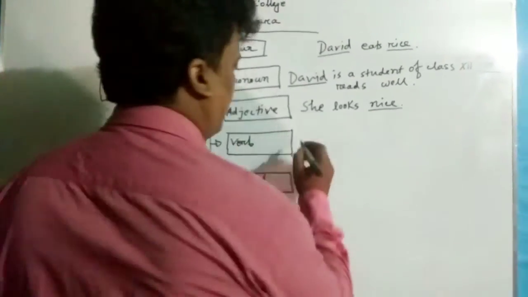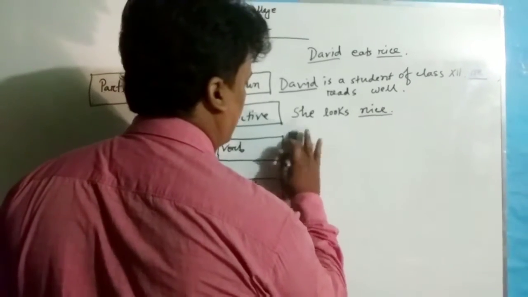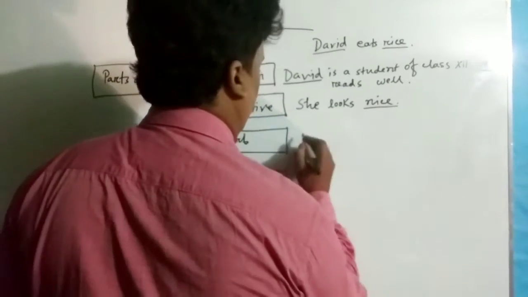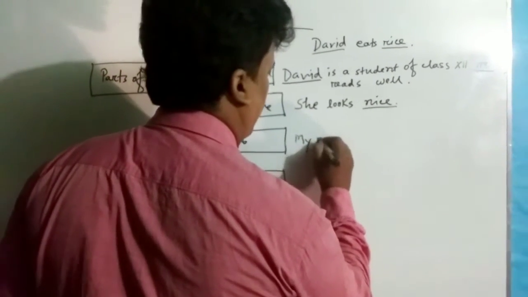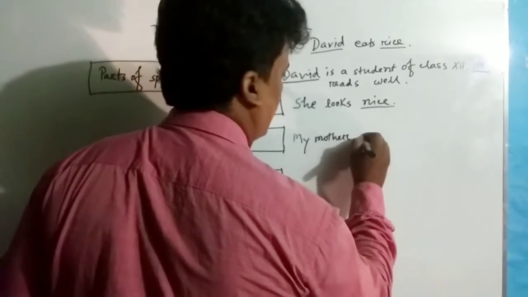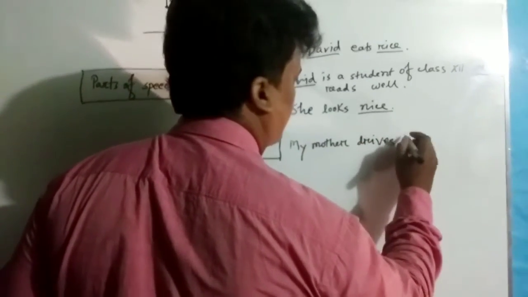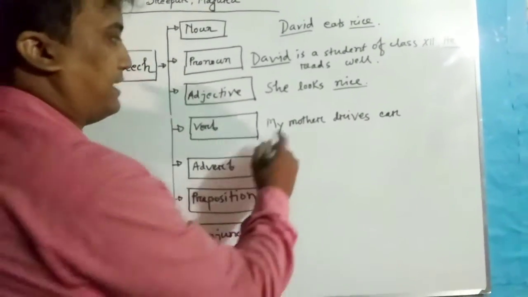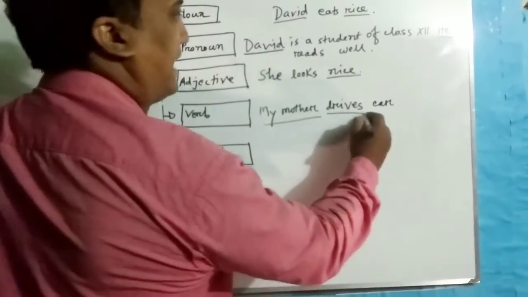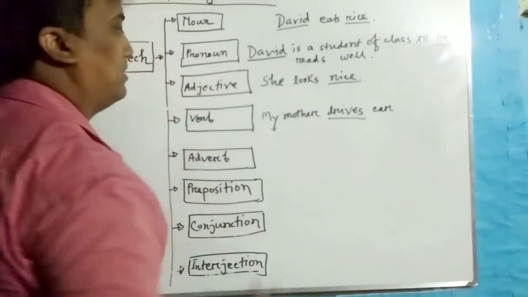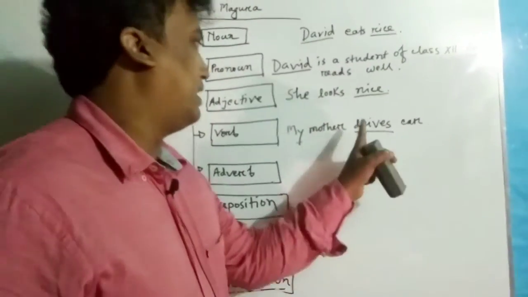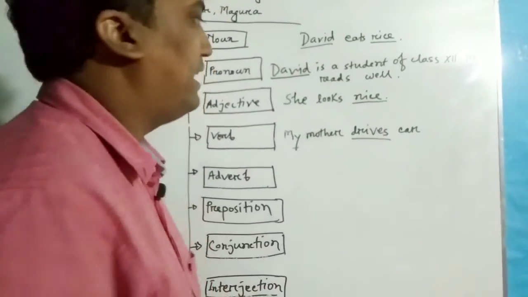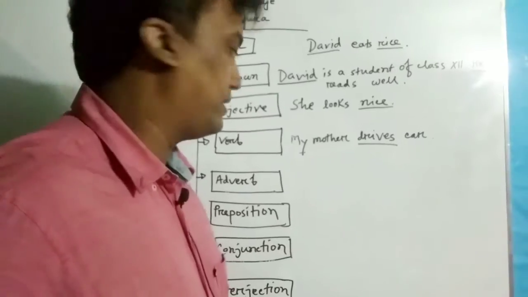For example, my mother drives car. So my mother is the subject and drives is the example of verb, because the word drives is telling what the subject is actually doing.